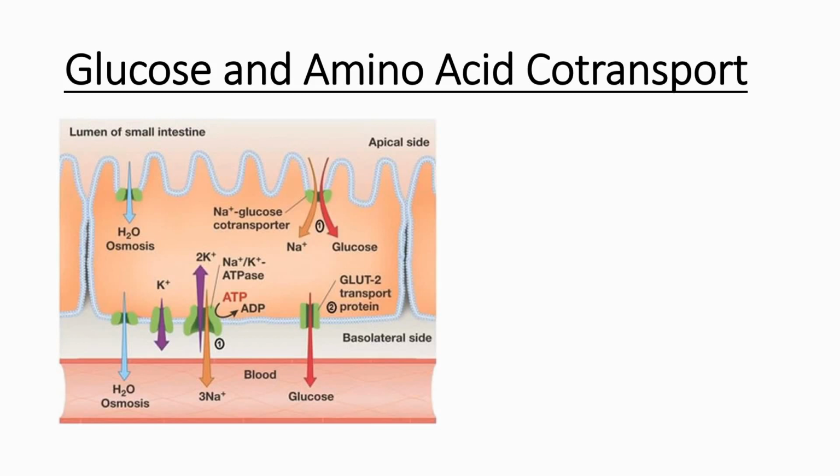Firstly, the sodium-potassium pump, which is shown here, is very important in absorption of glucose and amino acids in the small intestine. Here we have the lumen of the small intestine, and this is where nutrients released by digestion of food are flowing.